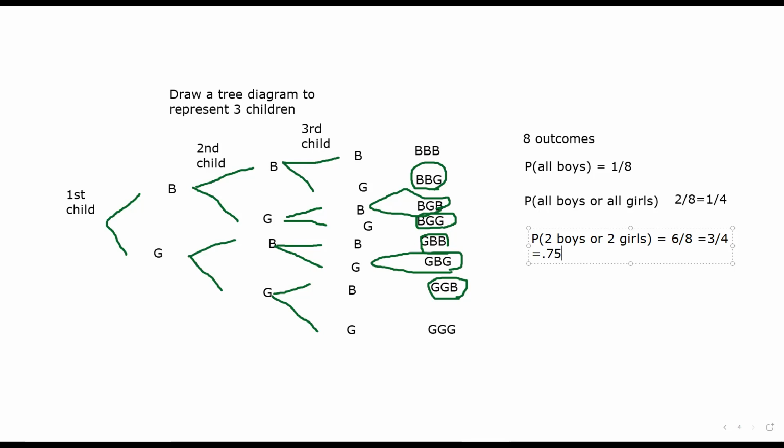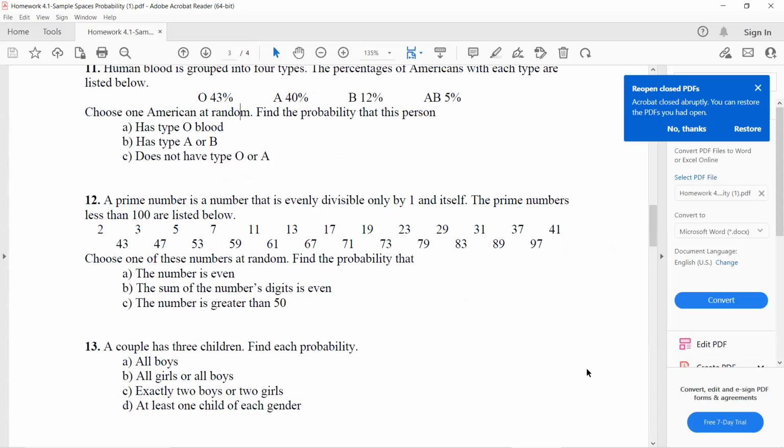Okay, now the last question. The last question here says at least 1 child of each gender, at least 1 of each.